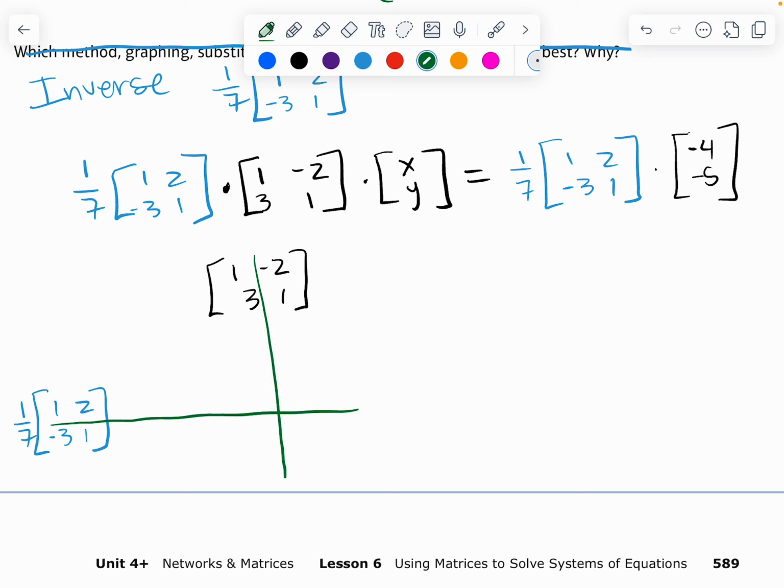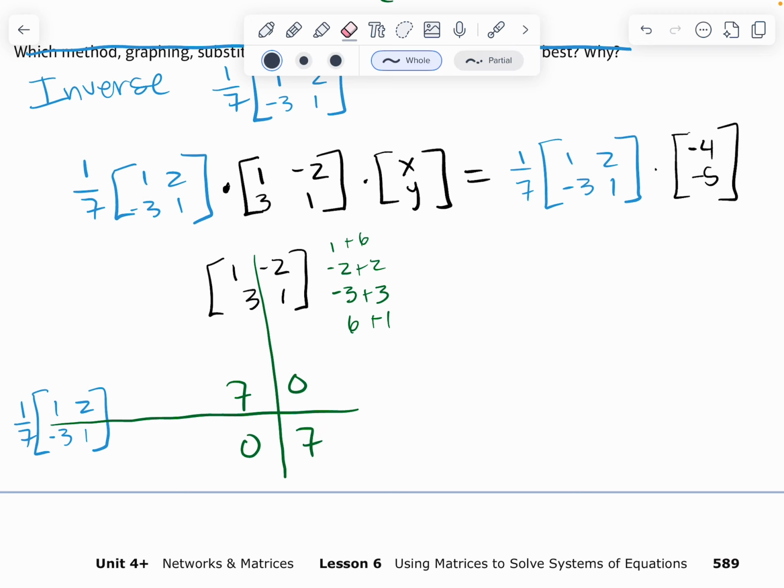And so that's going to give me 1 plus 6, which is 7. And that's going to get me negative 2 plus 2, which is 0. And then down here is going to get me negative 3 plus 3, which is 0. And then 6 plus 1, which is 7.